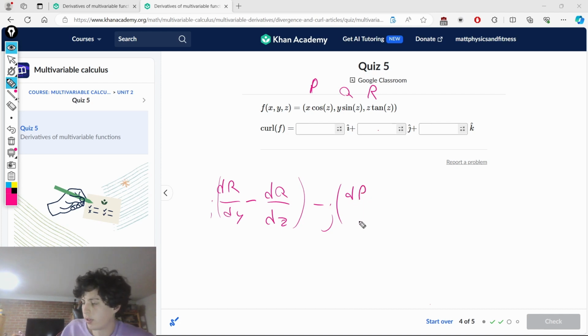Oh no, I don't know if I know this. dp dz minus dr dx. Because again, this is the y component, so we don't use the y term. This is the x component, so we don't use the x term. Plus k. I can give these all hats just for fun, because they're unit vectors.